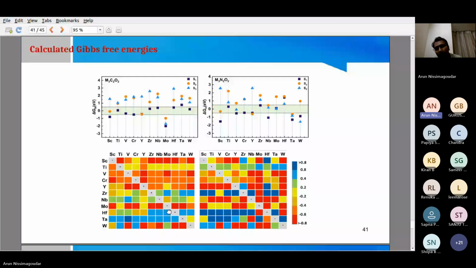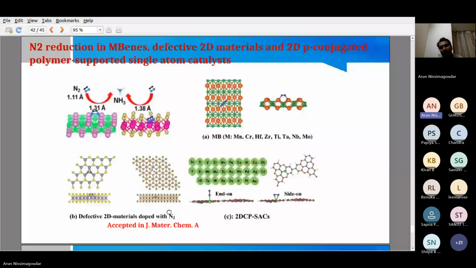we applied this same method to obtain nitrogen fixation. Here we try to remove nitrogen from methane, or vice versa, from nitrogen we try to get methane.